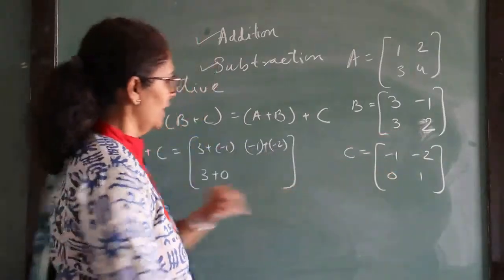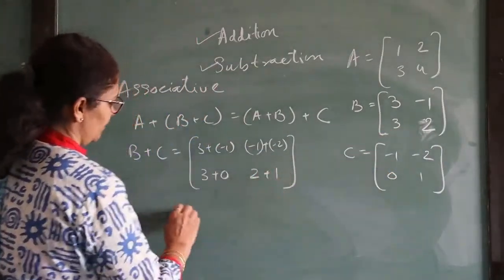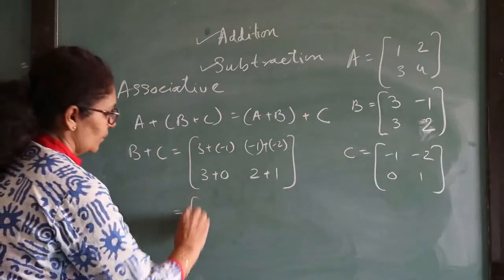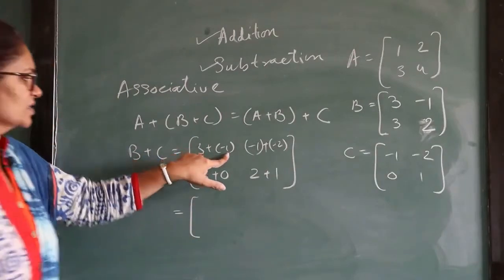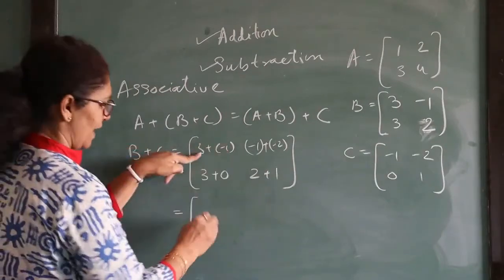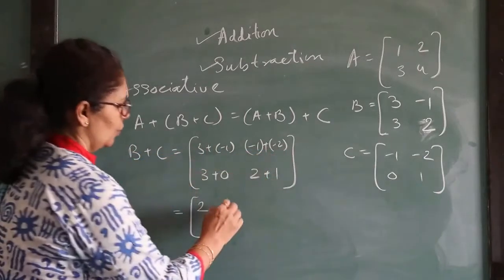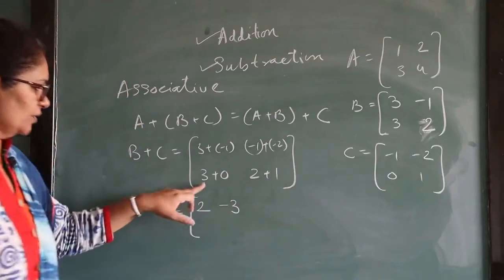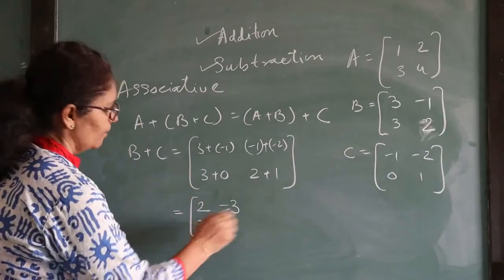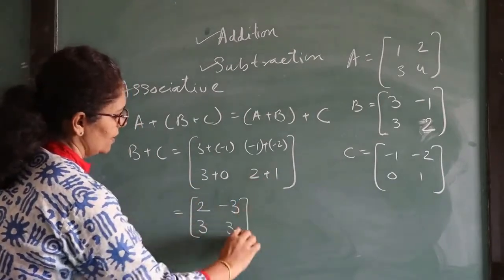And the last, fourth element, will be 2 plus 1. Now let's add it. 3 minus 1 will be 2. -1 plus -2 will be -3. 3 plus 0 will be 3 and 2 plus 1 will be 3.